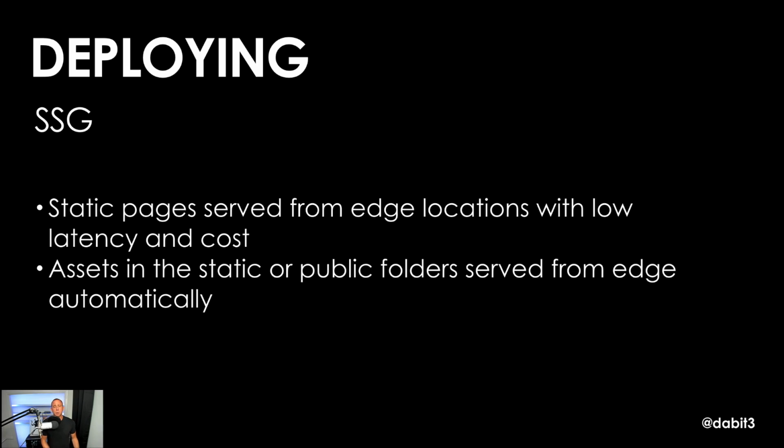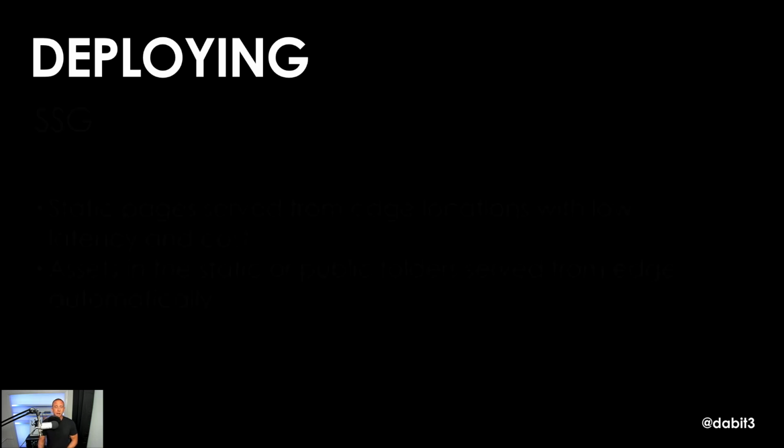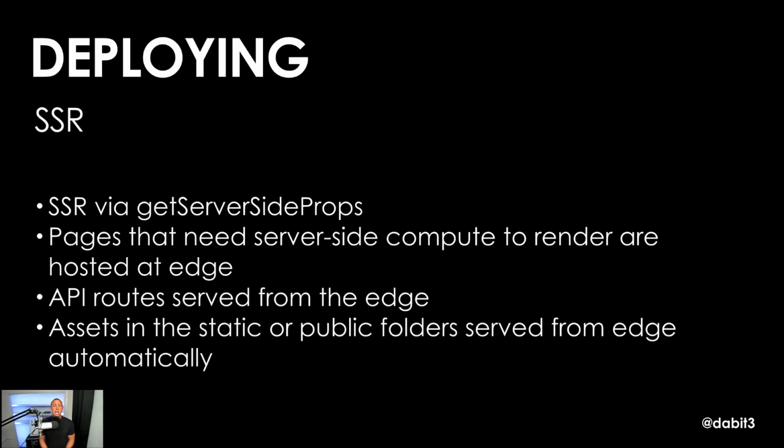You also typically want the assets in the static or public folders to be served from the edge automatically. For server rendered pages, you want to be able to take advantage of all the stuff that Next.js has to offer, so things like getServerSideProps and API routes. And then you also want the benefits of having the at Edge for rendering all of the other static assets and things like that.